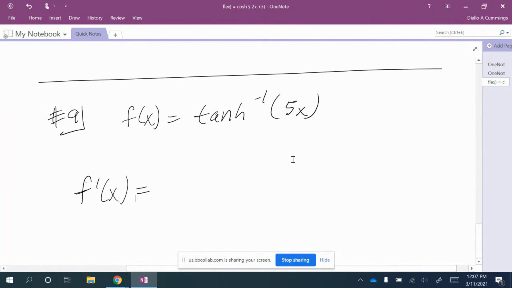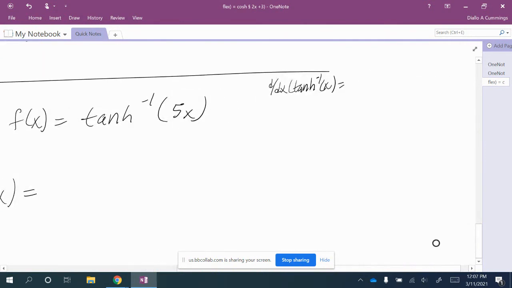Well, no, I believe I'm misspeaking. Okay, I'm thinking about the derivatives. Here we're using those formulas. Remember that formula. I'm just going to write that here on the side. The derivative for the inverse of the hyperbolic tangent of x is 1 over 1 minus x squared.